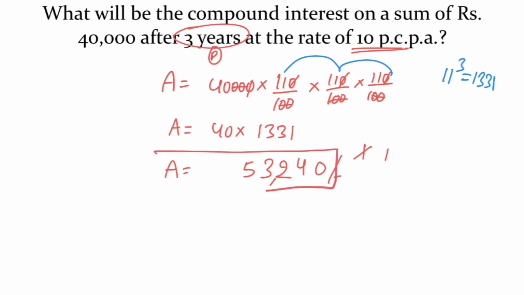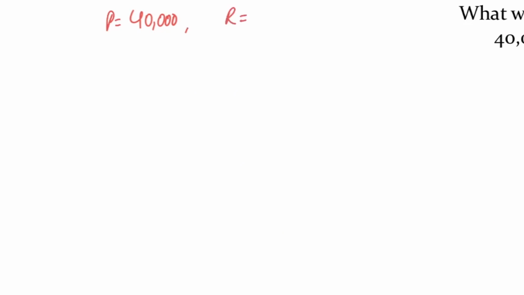If you borrow 40,000, it will become 53,240. Compound interest is 13,240. And for those who want to know other method, listen, or else skip this. 40,000 rupees is the sum borrowed and rate of interest is 10% and duration is 3 years.